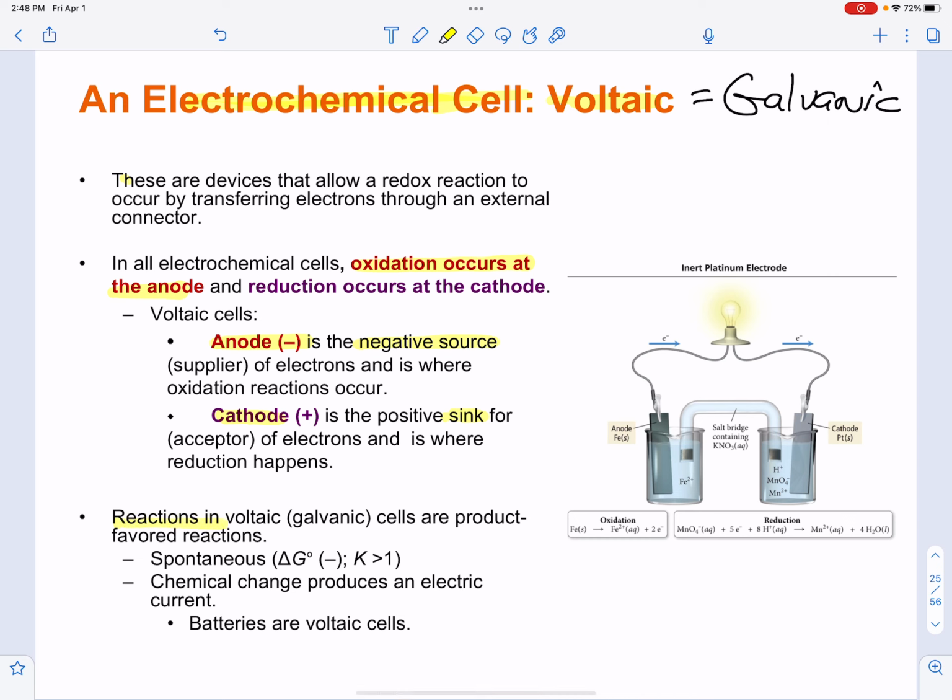And reactions in voltaic cells are product-favored reactions, which means that the equilibrium constant is bigger than 1, delta G is negative, and now you know that the E of the cell is bigger than 0.